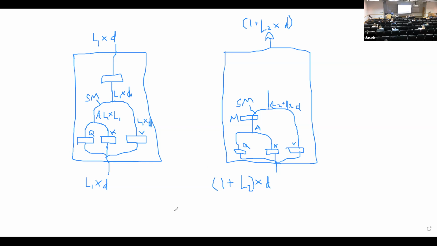Okay, well, let's look at cross attention. So we're going to erase this and replace it with just a single module, because we know that the self-attention step preserves the dimension.